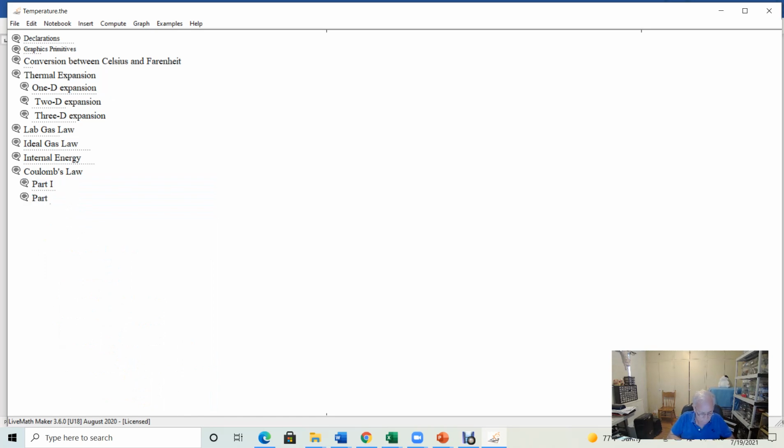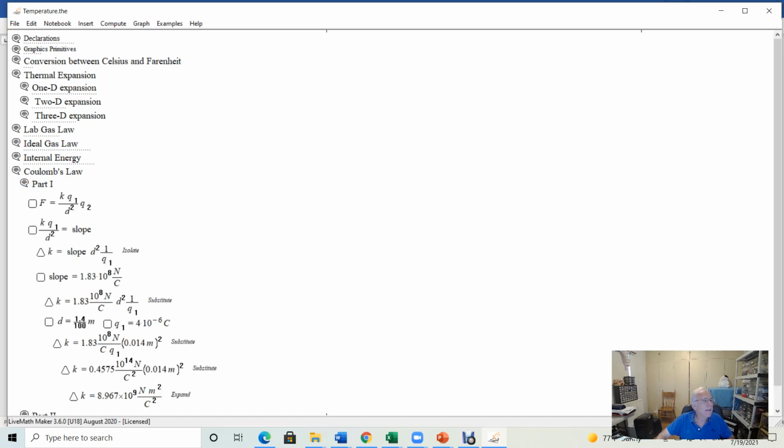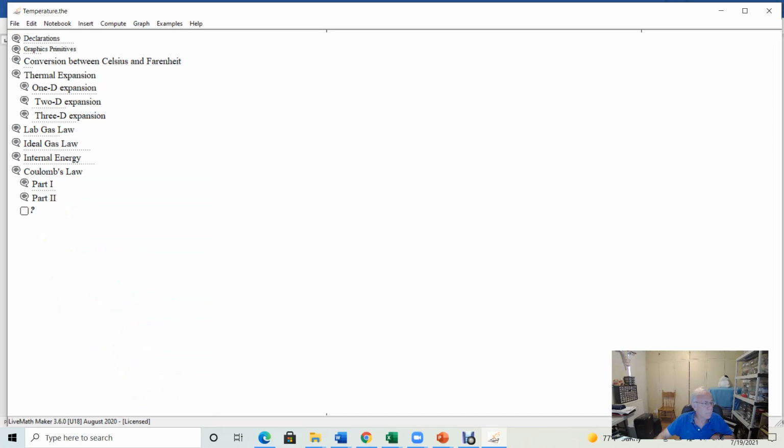Part 2. I'm going to use exactly the same equation. And how are we going to do that? Okay, this equation has been linearized, right?